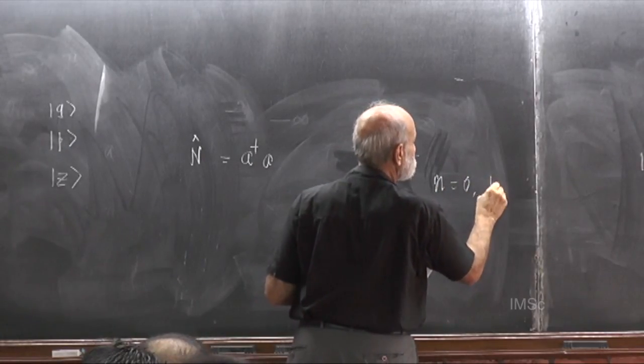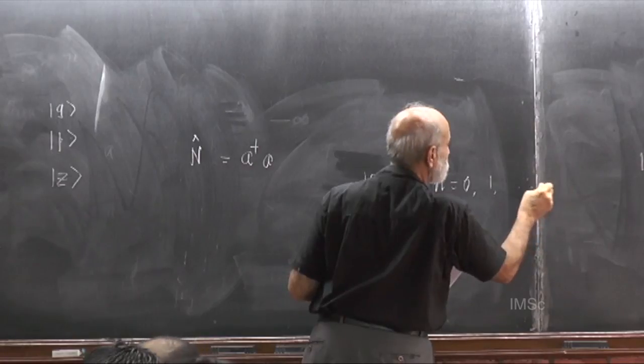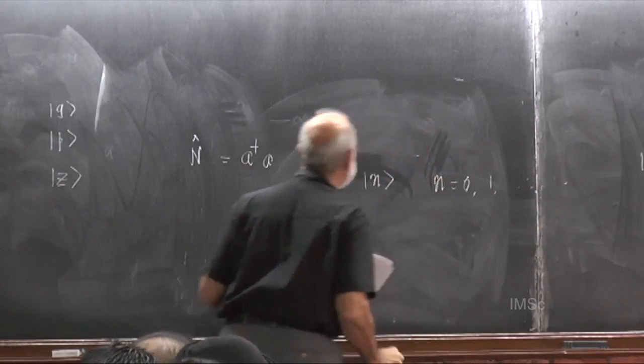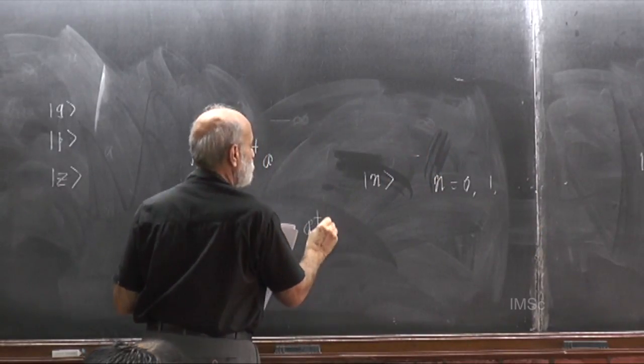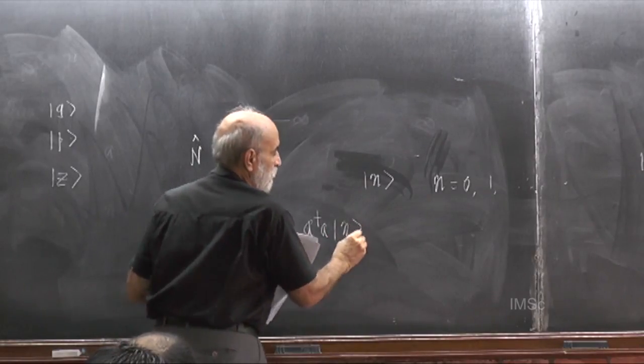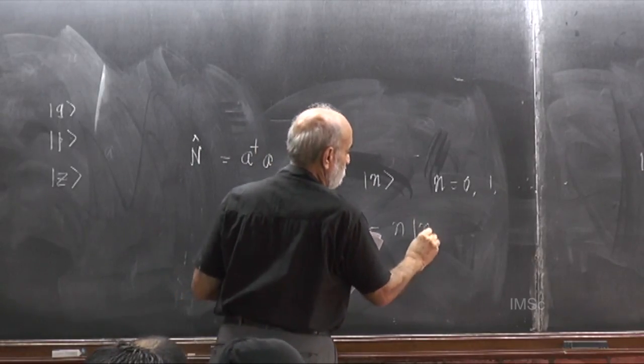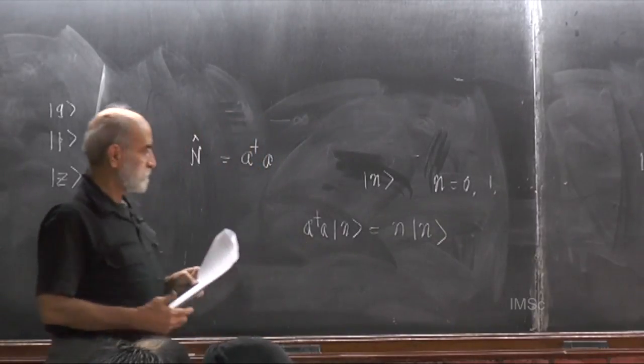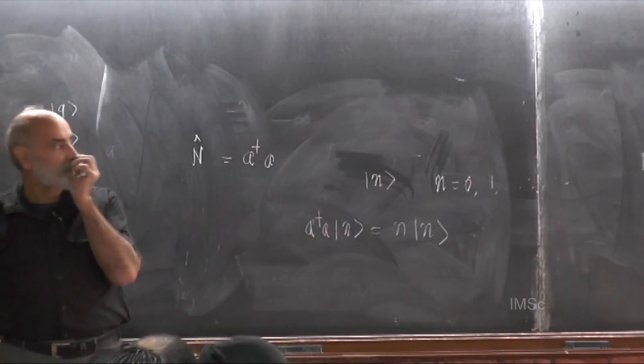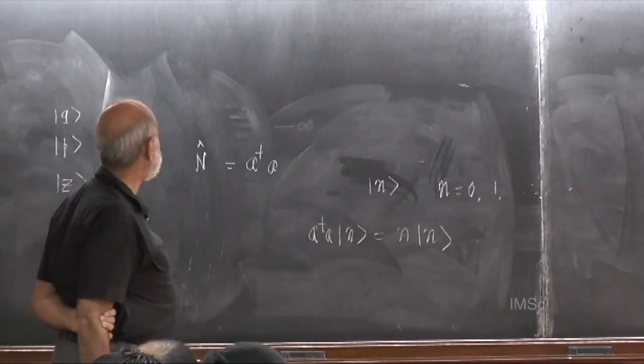Its eigenvectors are labeled by 0, 1, 2, 3 to infinity, and the eigenvalues are given by n. So, eigenvalues are numbers which take on values 0, 1, 2, 3 and so on.